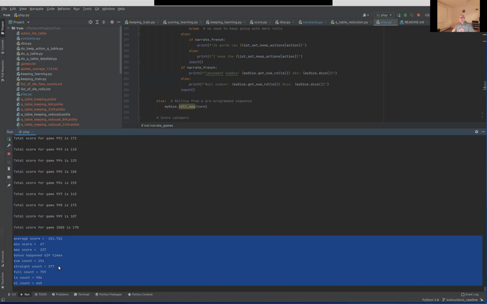That's a bit the weak point of the agent, I find, that he's a little bit low on the straight count. I might go into more detail about that later on, but the reason is that the reward scheme is biased towards the bonus.